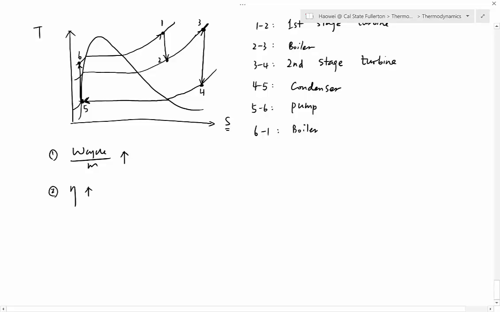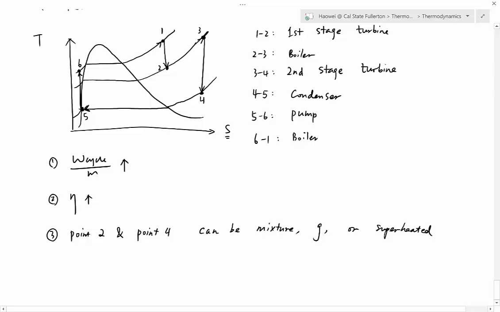And then part 3, the location of point 2 and point 4 can change. Point 2 and point 4 can be, just like before, mixture, G point, or superheated, depending on the properties you have.